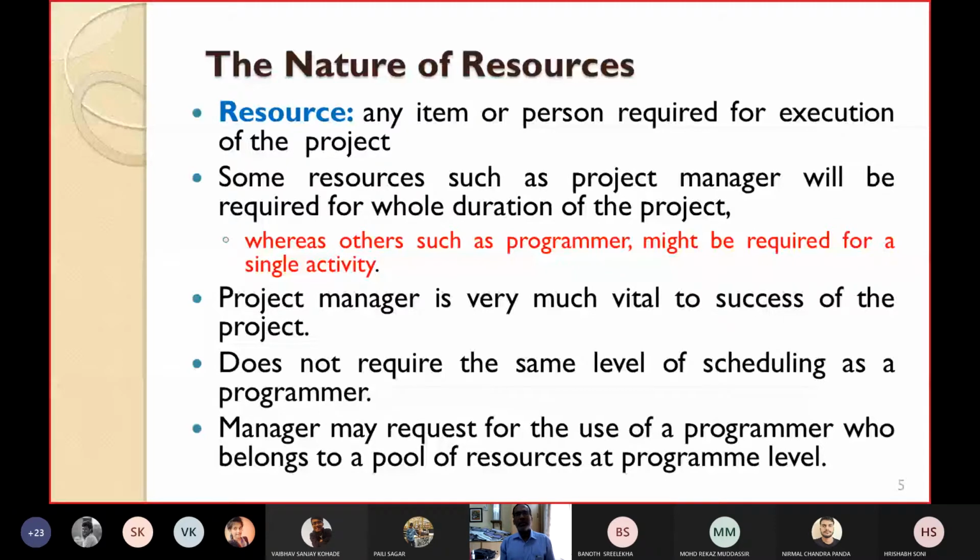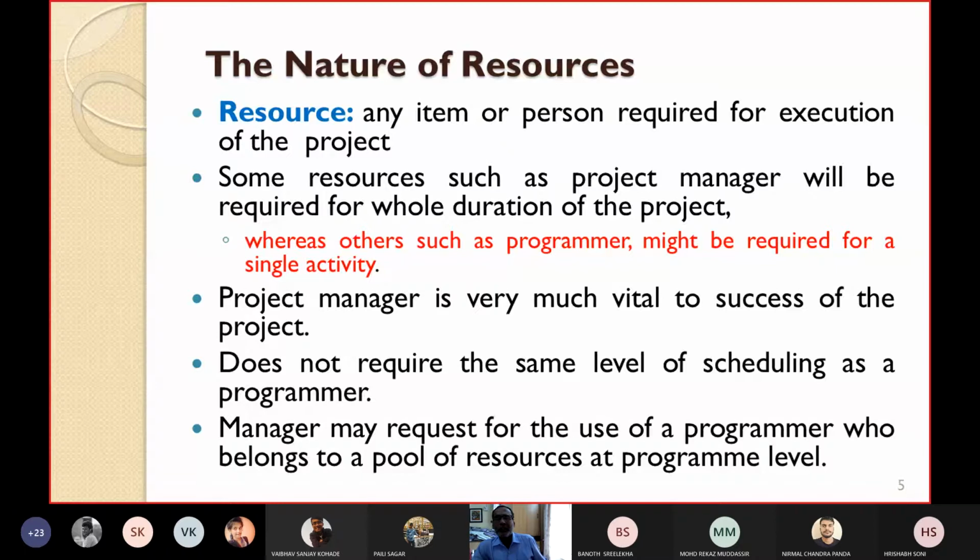Some resources, such as the project manager, will be required for the whole duration of the project. Some resources will be required only for specific activities. For example, a system analyst might be required for preparing the requirement specification. A designer may be required for performing the design.